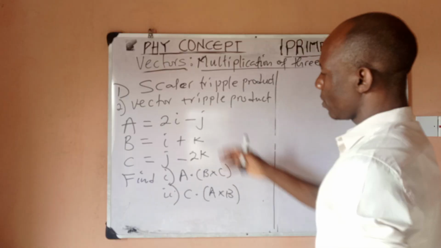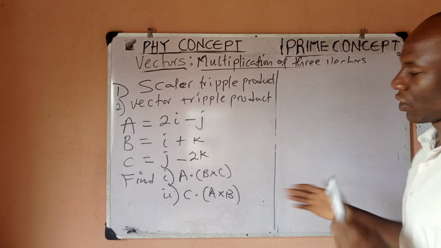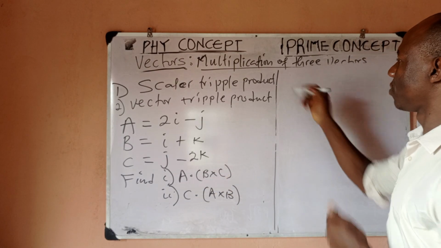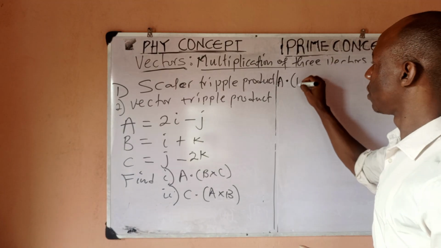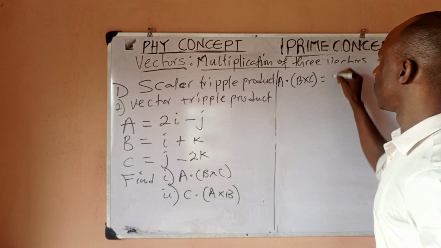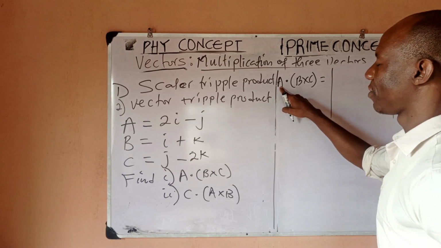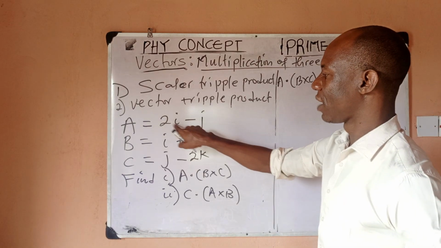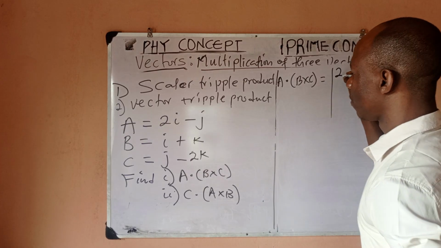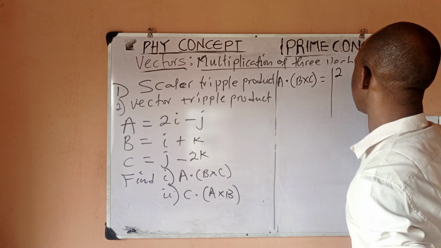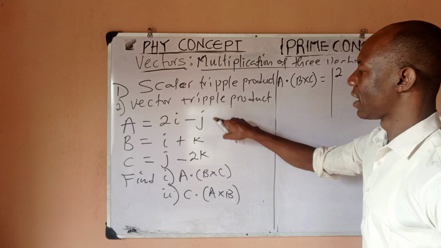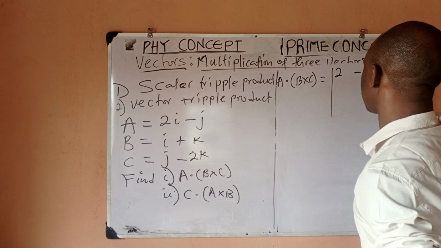So very quickly, I already mentioned that we can use the determinant to solve it. So A dot B cross C, using my determinant, I will arrange the components of A first. The coefficient of I is 2, the coefficient of J is minus 1, and there's no K here, so I'll put 0.